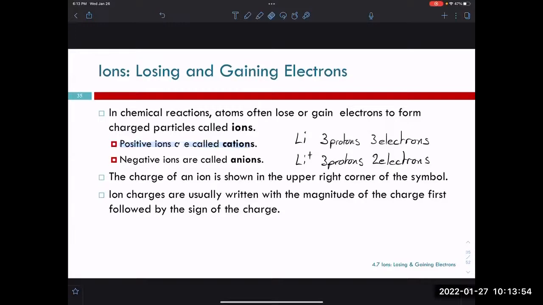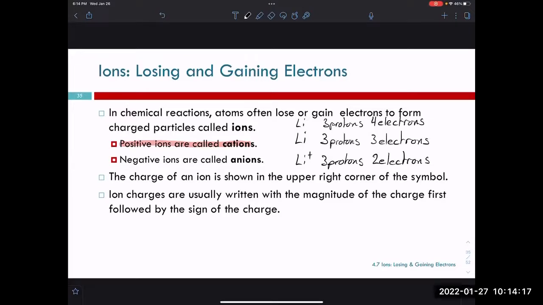So let me do this in red. Positive cations. So if we had lithium and we gave it an extra electron, 3 protons, 4 electrons, what would the charge be?